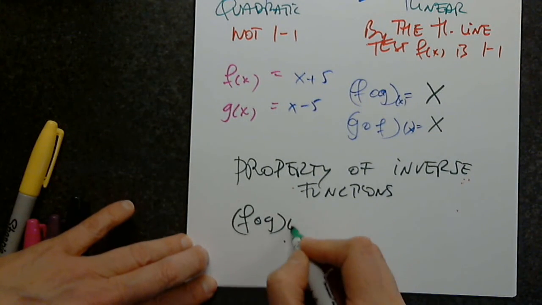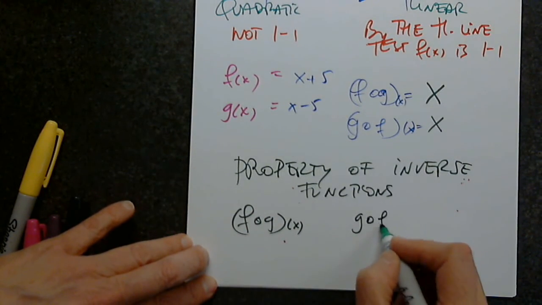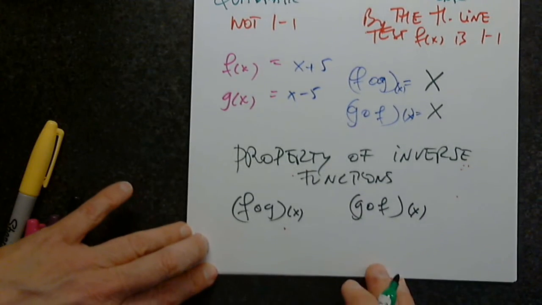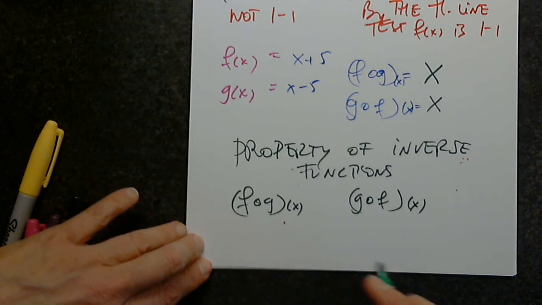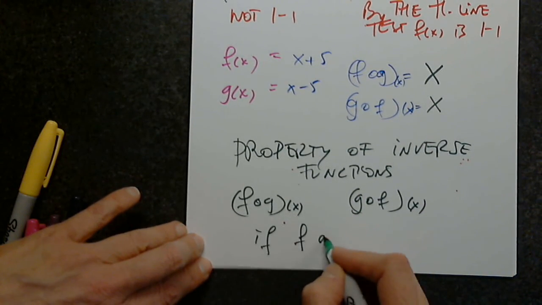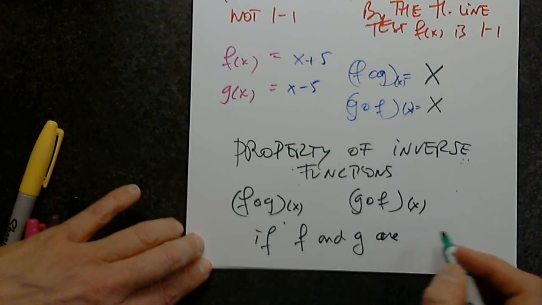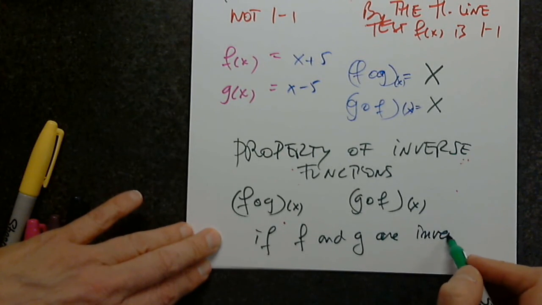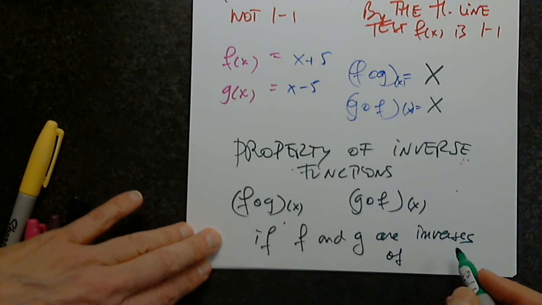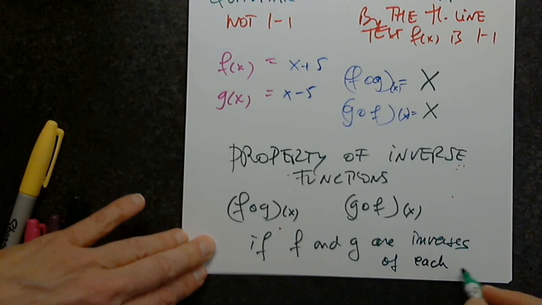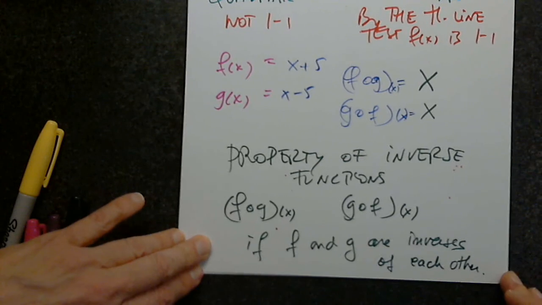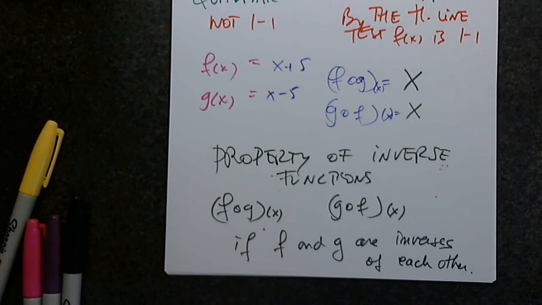F comp g of x and g comp f of x must equal, and you tell me what, if f and g are inverses of each other. So one more time, f comp g and g comp f must be what, if they are inverses of each other?